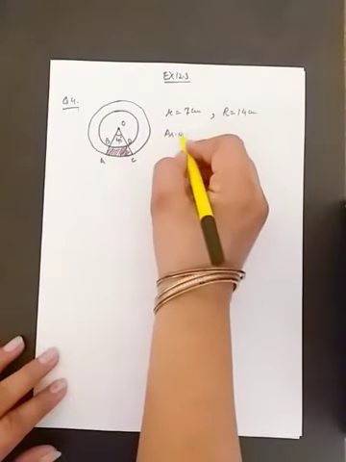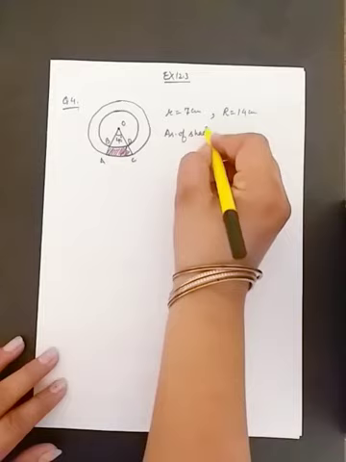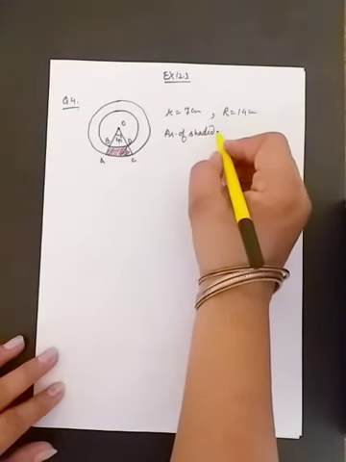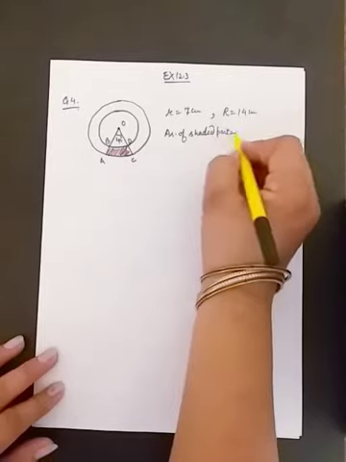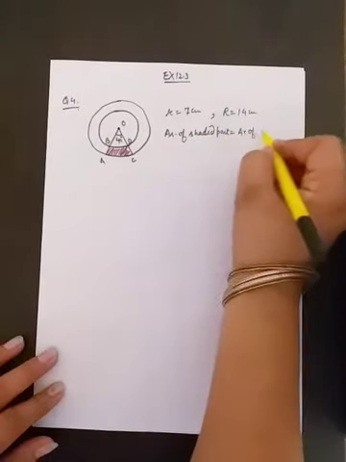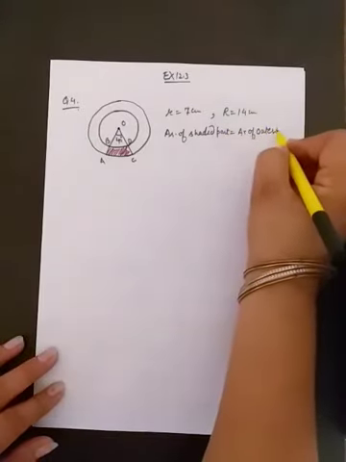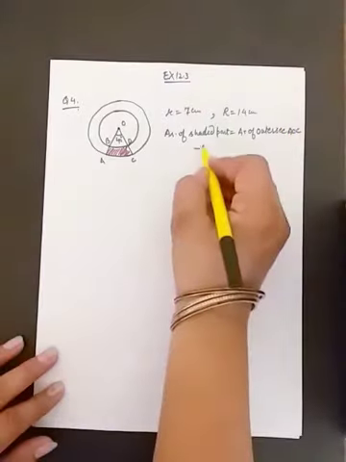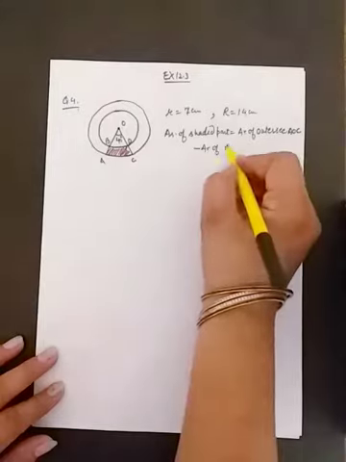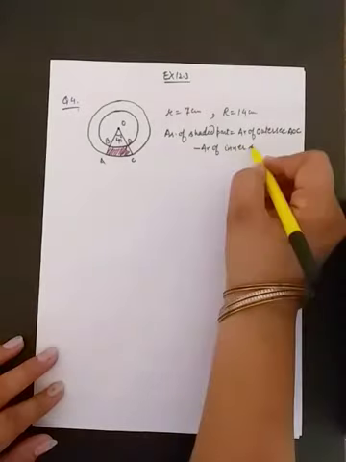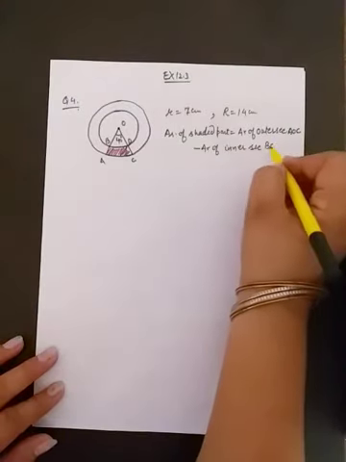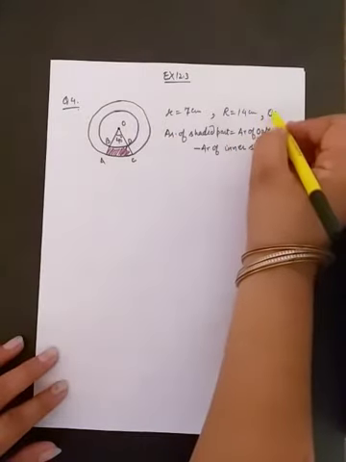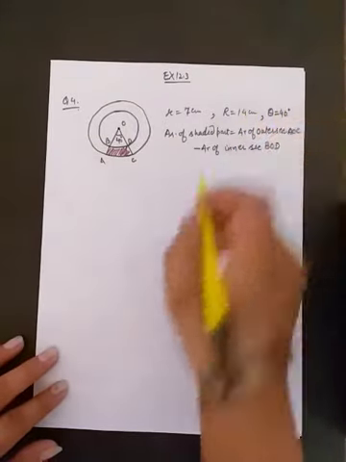So here you can see that some part of a sector is shaded. Area of shaded part is equal to area of outer sector, and outer sector is AOC, minus area of inner sector, and inner sector is BOD, and here central angle theta is 40 degree.